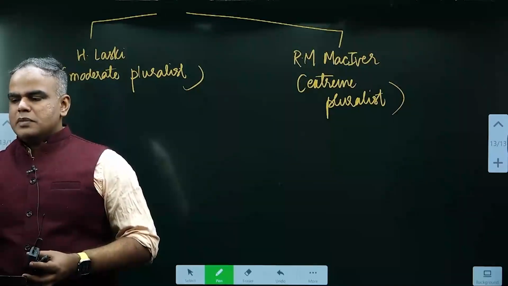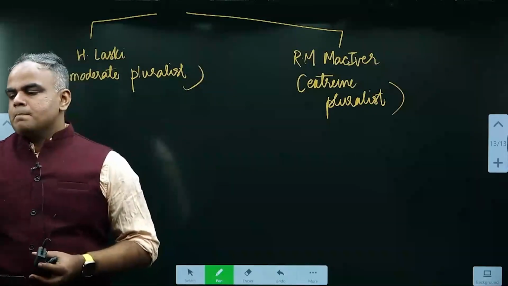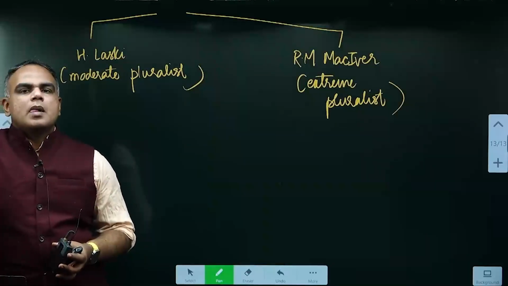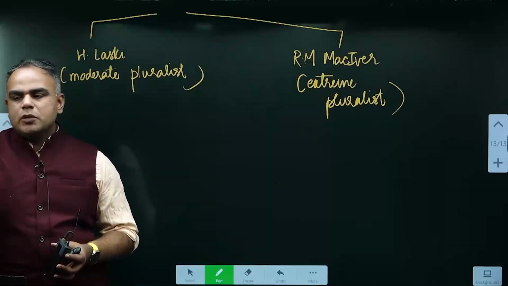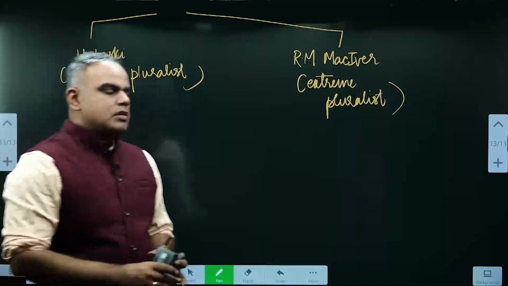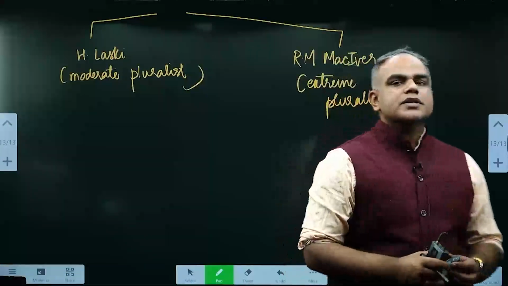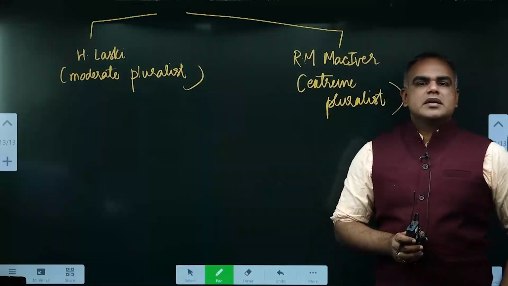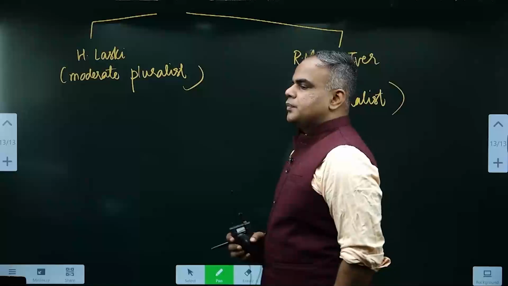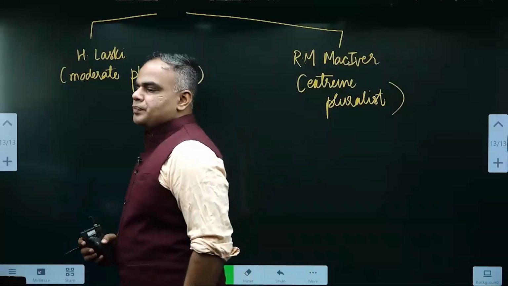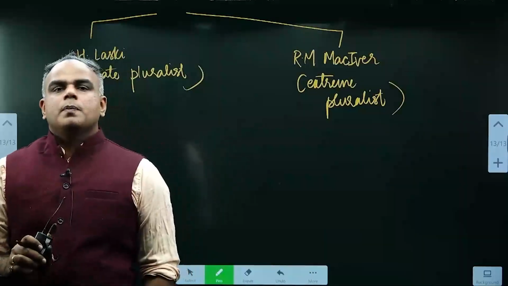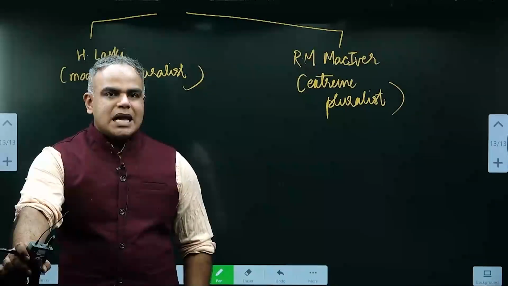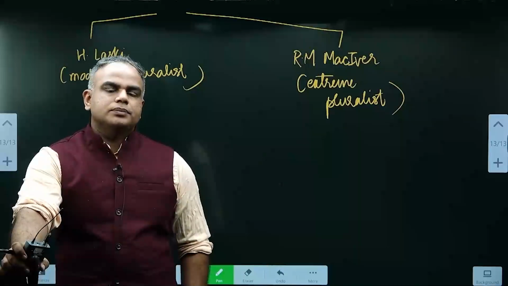First, I'll tell you a couple of important lines about Laski. According to Laski, monistic theory is responsible for world wars as it disregards international laws.